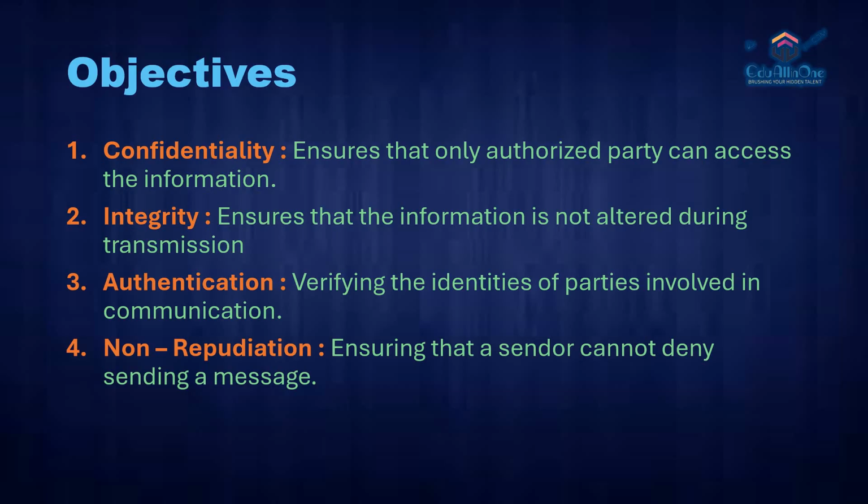It means that the information passing between the sender and receiver can be accessed only by the authorized sender and receiver. No third party can interpret or see what the exact conversation is.